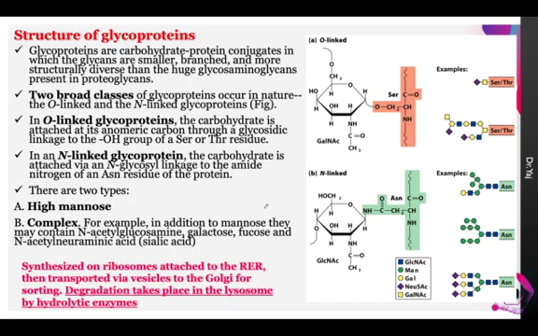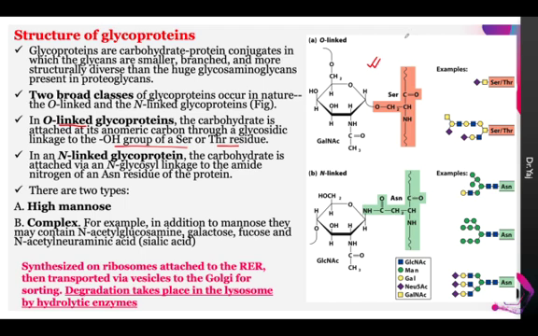Now we come back and quickly look at the structure of glycoproteins, one of the glycoconjugate classes that we talked about in the second lecture. Glycoproteins have two broad classes: O-linked glycoproteins, where the oligosaccharides are linked through the OH group of serine or threonine residue, and you can see here in this part of the slide, this is how an O-linked glycoprotein will look like.